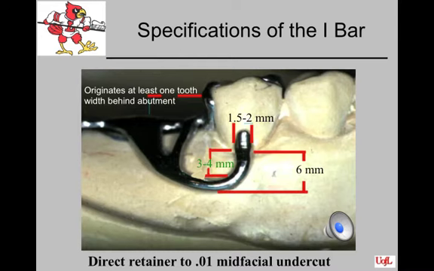It should cross the marginal gingiva at a rounded right angle and touch the tooth at its 0.01 undercut. The tip is usually formed as a pod and is usually approximately 1.5 to 2 millimeters in width and 2 to 3 millimeters in height, which may extend slightly above that survey line depending on where the undercut is located.